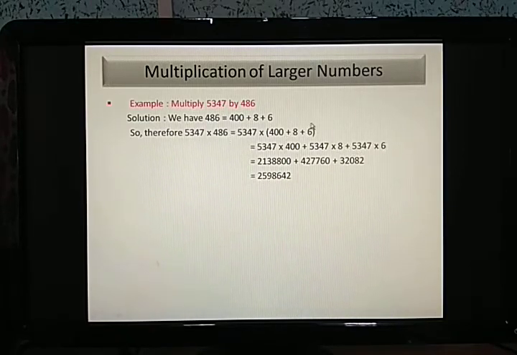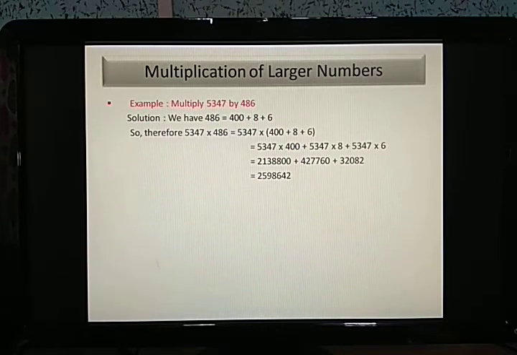Then we take the sum of it, and this result will give us the product of 5347 and 486. So this is by using the distributive property.